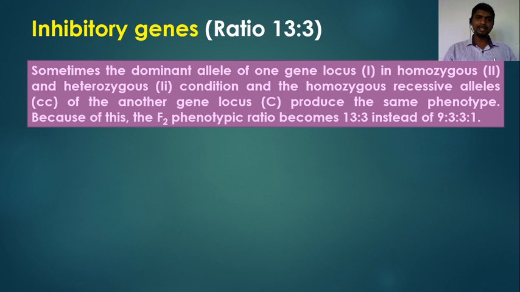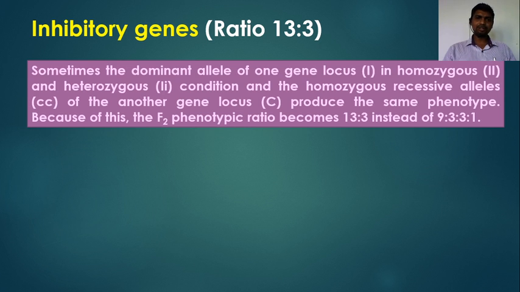Such types of phenotypic expressions occur due to the presence of a dominant homozygous or heterozygous I gene, that is capital I capital I for homozygous and capital I and small i for heterozygous condition. When this gene I is present in homozygous or heterozygous condition, whether the C gene is dominant or recessive, it inhibits the action of the C gene.